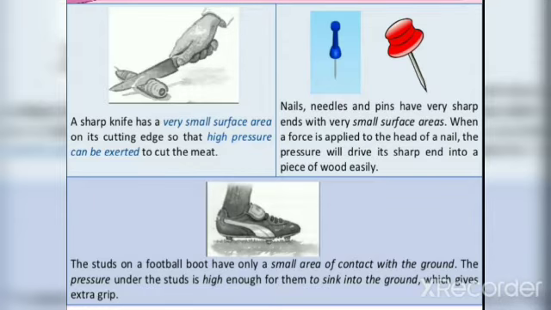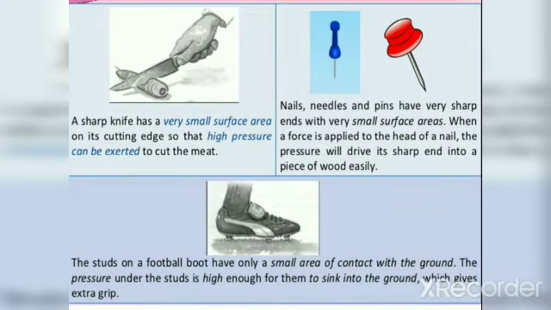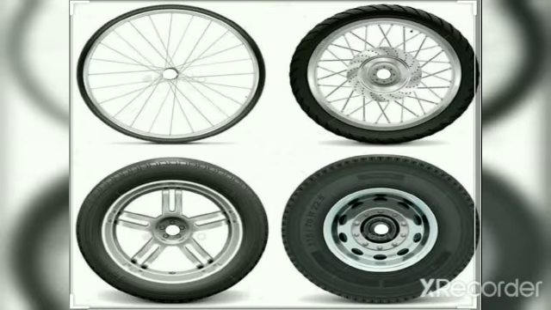This is because a pin has less surface area and so the pressure exerted is more. The studs on a football boot have only a small area of contact with the ground. The pressure under the studs is high enough for them to sink into the ground, which gives extra grip. Let's see the next one.